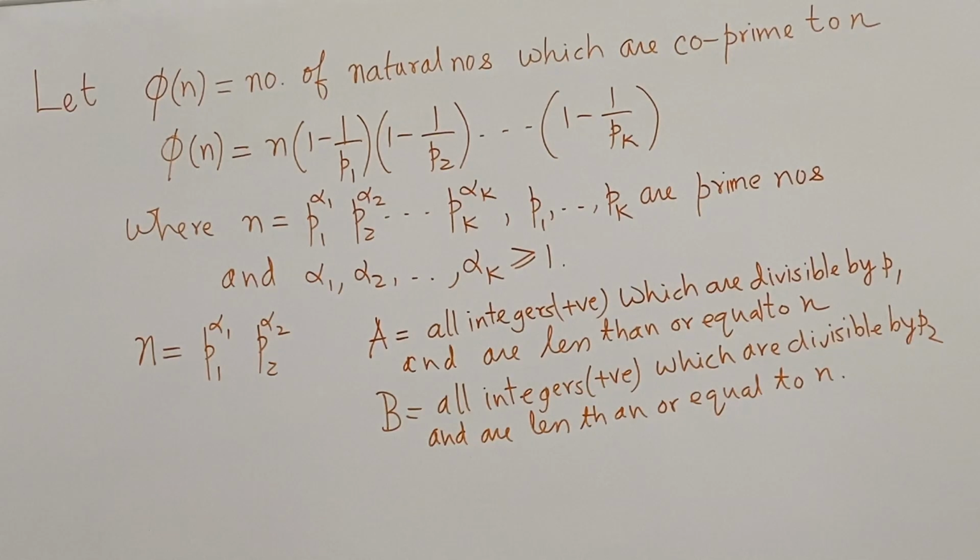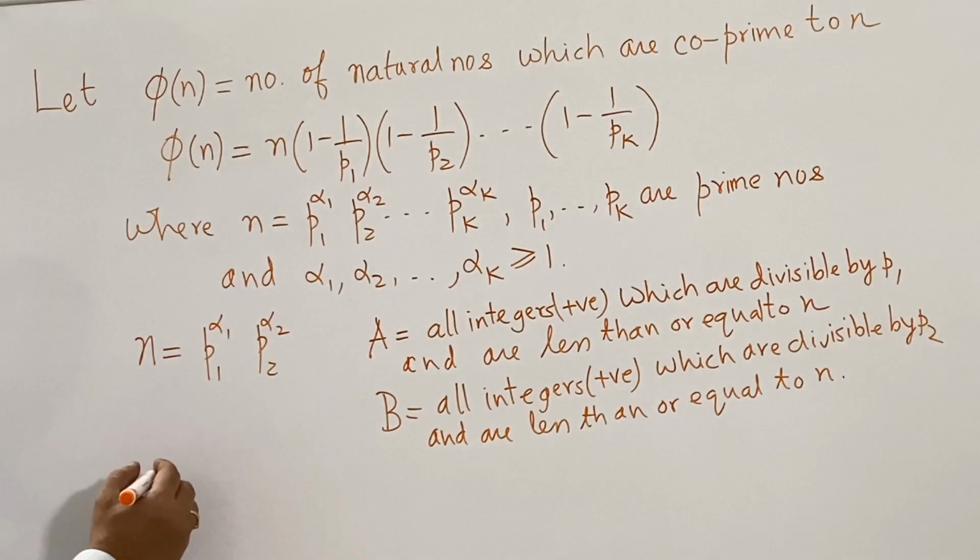So all these numbers which are in A or B are not co-prime to n. So if we can find the number of elements in A union B, then n minus the number of elements in A union B would be the number of natural numbers which are co-prime to n. So let's find the cardinality of A union B.